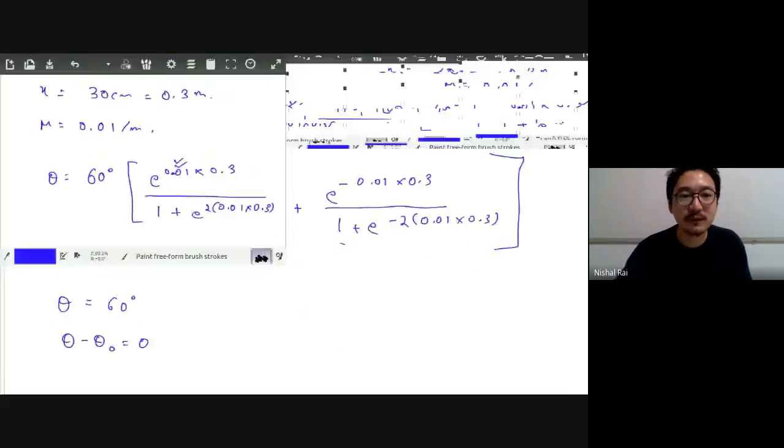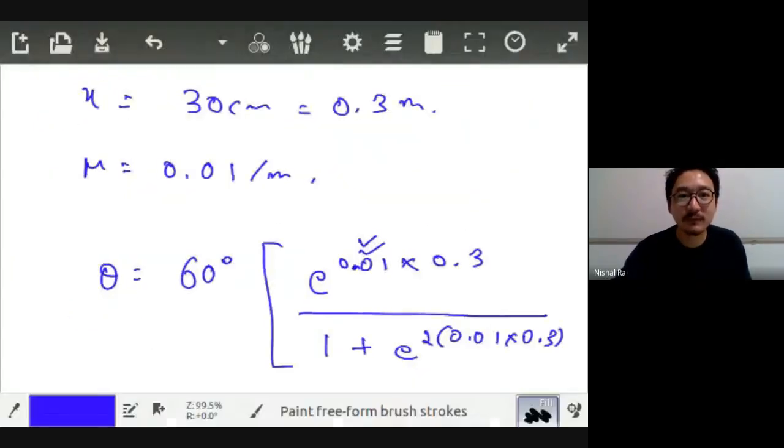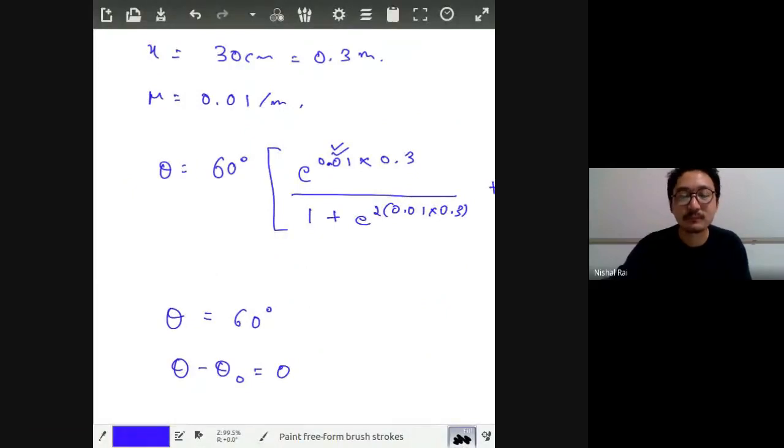Now, suppose your radiative rate was higher. Clear? So if it was more, then what will we get? This is the difference in temperature.